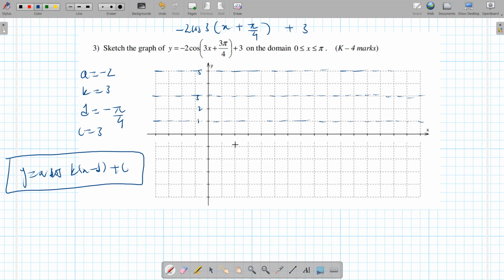So what is our period? We're working with cosine, and the parent function period is usually 2 pi. So it would be 2 pi over 3.